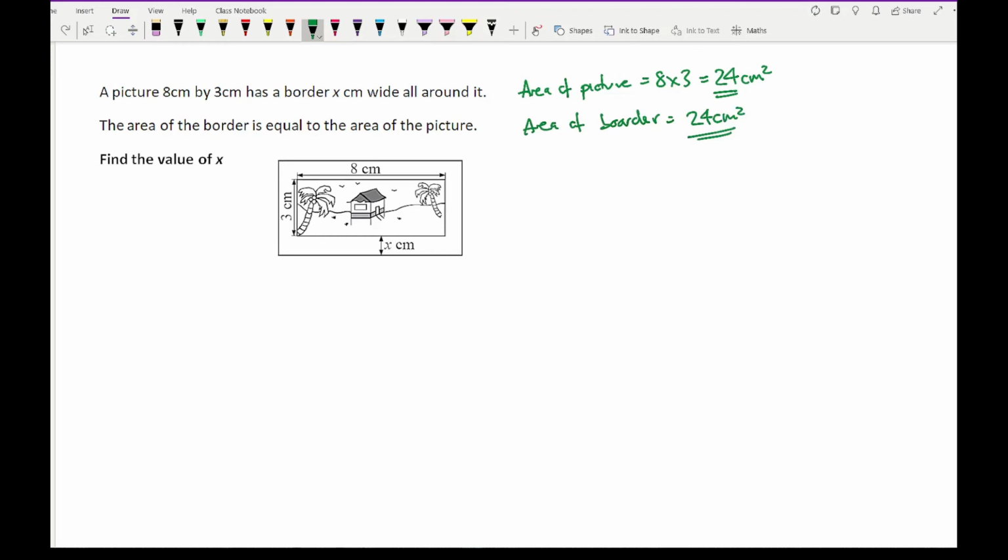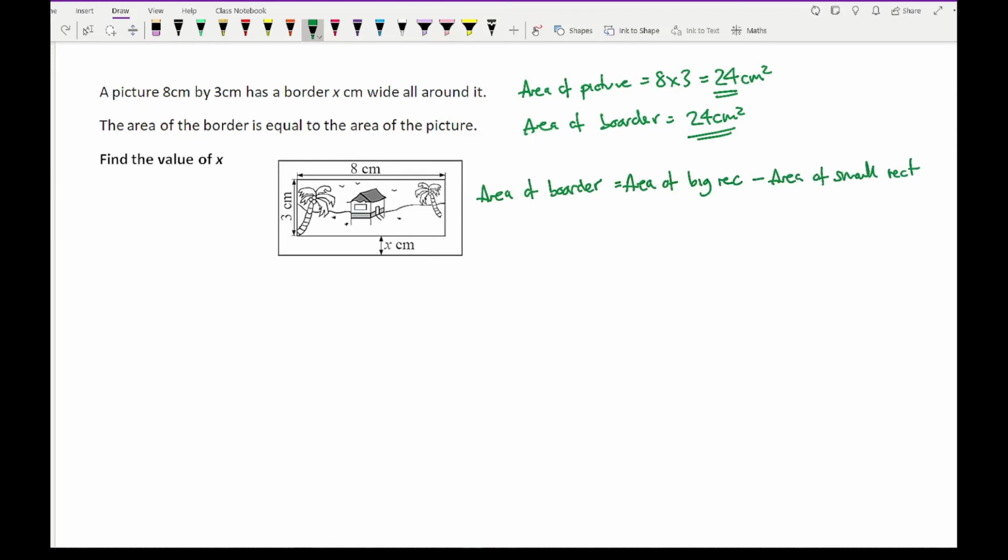So to work out the area of the border, that's going to be the area of the big rectangle minus the area of the small rectangle. Now, in terms of this, let me just add this in.